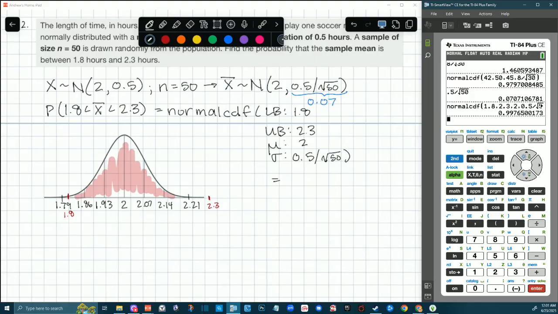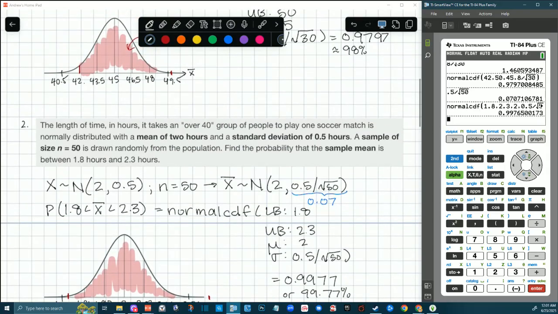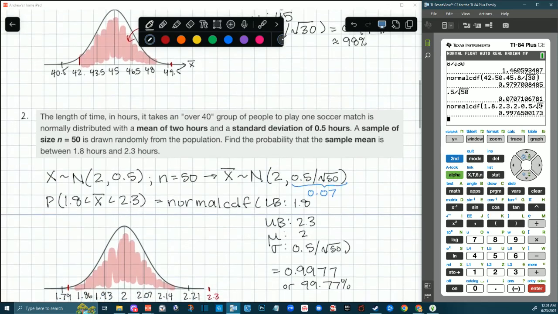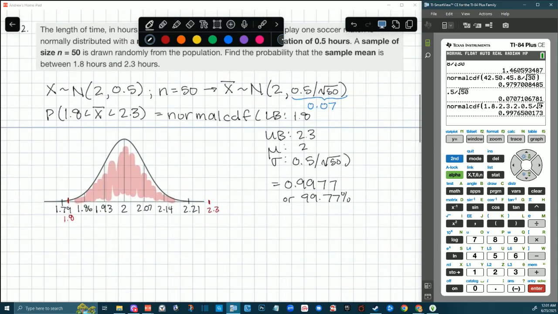And we get 0.9977 rounded, or 99.77%. And you can see that is even bigger than the about 98% that we found in the last example, because we shaded in more of that normal curve.